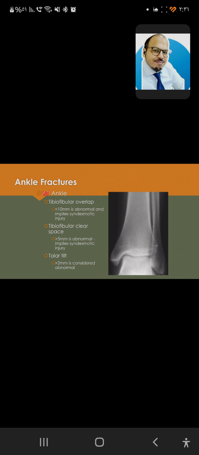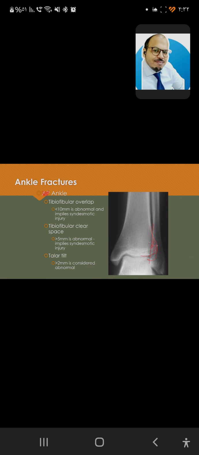If you look closely, the fibula is coming from here all the way down here. The tibia is going this way. Then هذا المكان هذا is called overlap. زين يعني التibia والفيبيولا هنا they overlap.